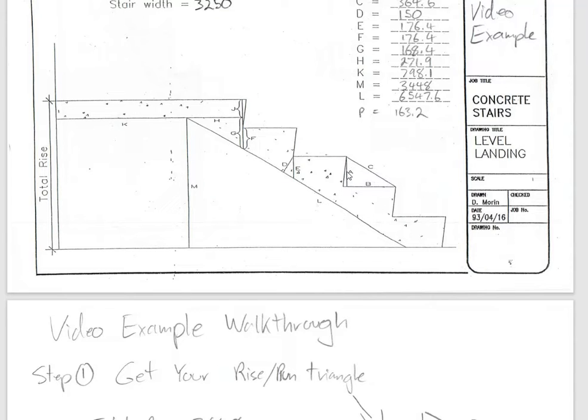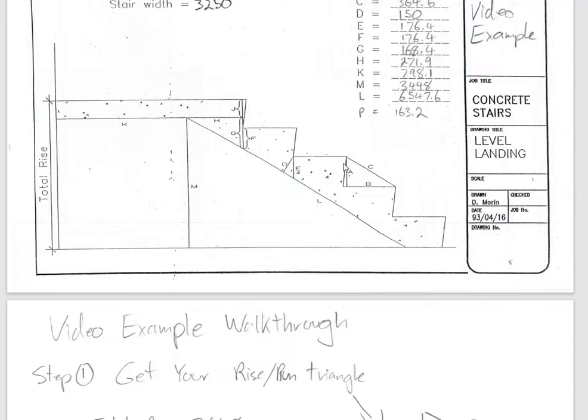It's basically like calculate the area of a triangle. So we'll get that, and then we'll multiply it by the stair width, and we'll multiply that by the number of treads involved here.